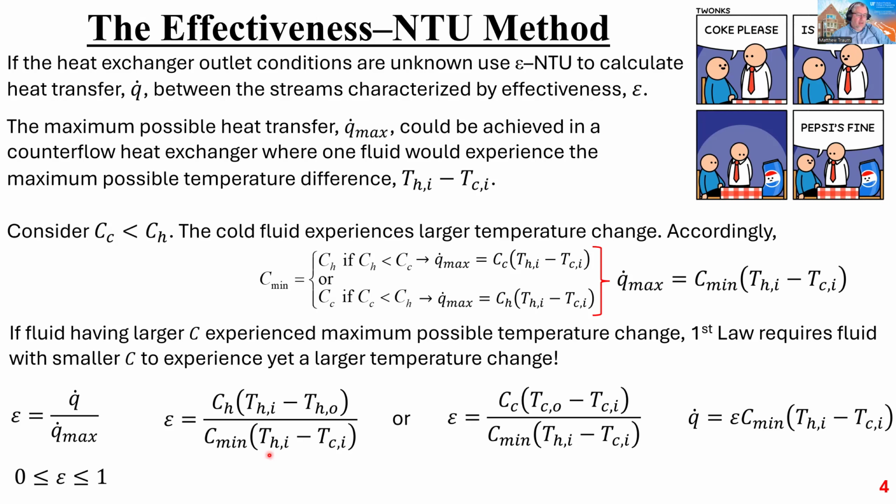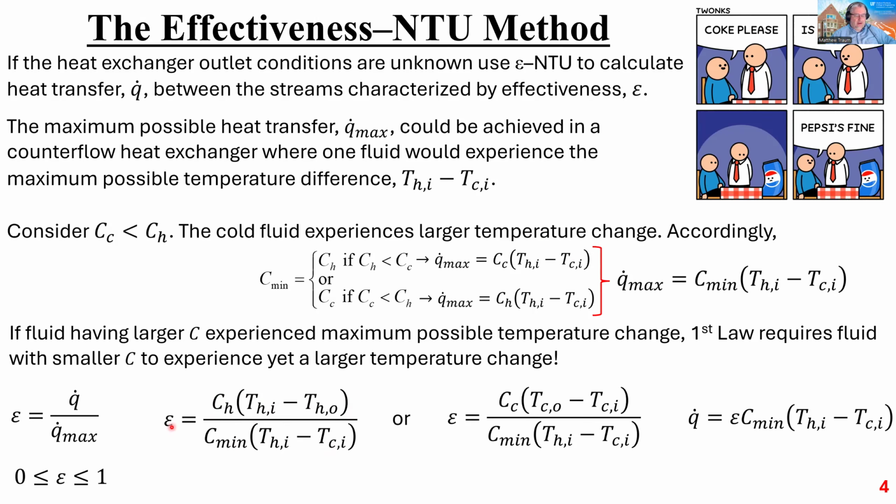But remember, this temperature difference is the largest possible temperature difference, and this is the real temperature difference between the inlet and the outlet on the high side. And so this difference multiplied by this thermal capacity is actually smaller than this difference multiplied by this thermal capacity. That's kind of the genius of the effectiveness-NTU method. It all happens up here.